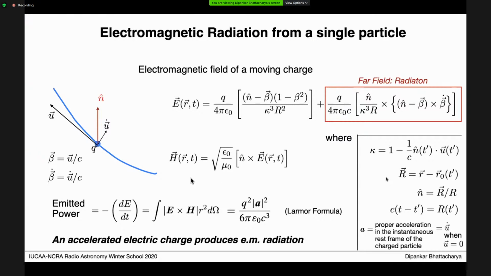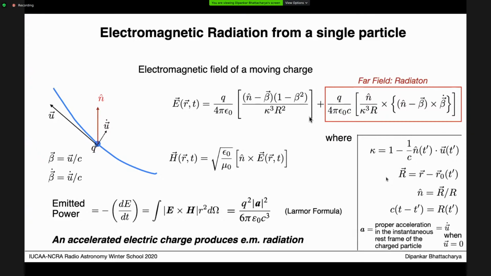If you now construct the quantity which defines the outgoing flux of energy, that is a cross product of E and H. And so E cross H is the propagating energy flux per unit area at a distance r.